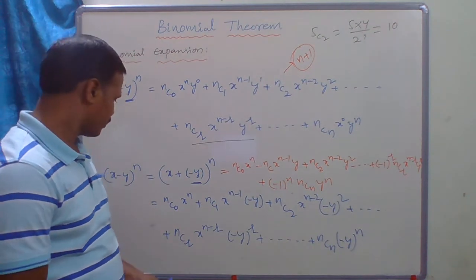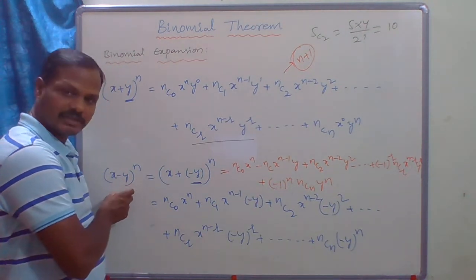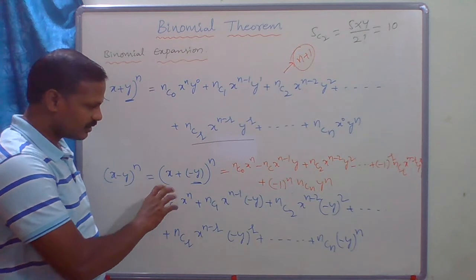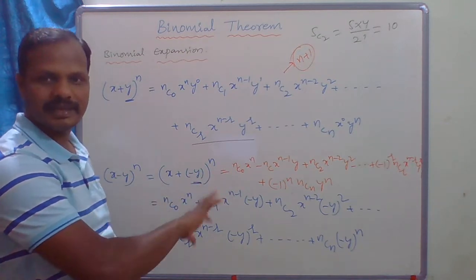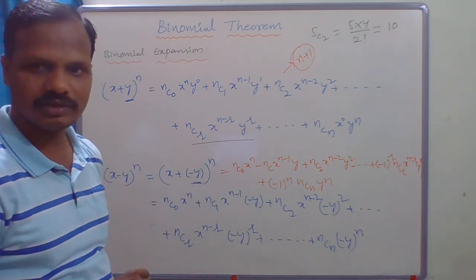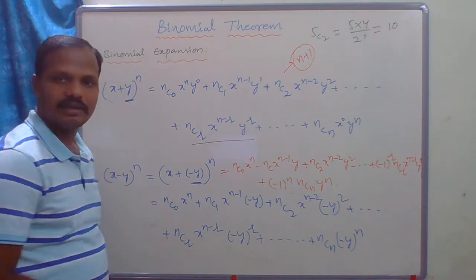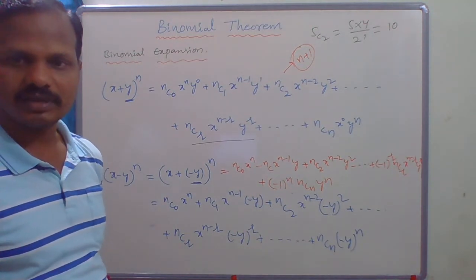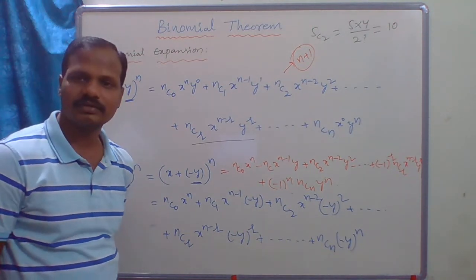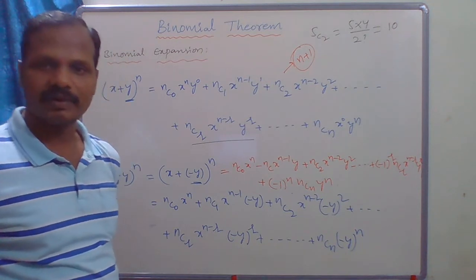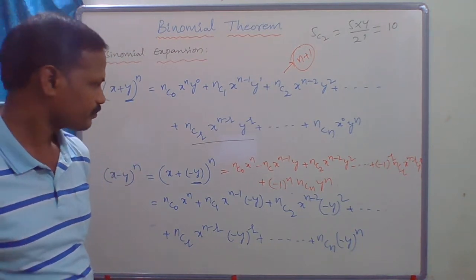So in the expansion of x minus y whole power n, the terms are alternating terms, plus minus and so on. Fine. So this is the binomial expansion of x plus y whole power n and x minus y whole power n.